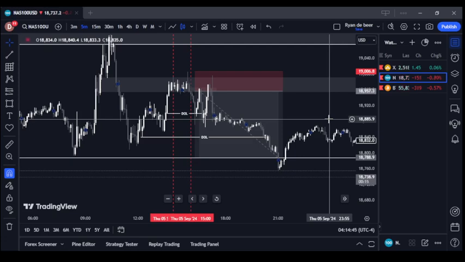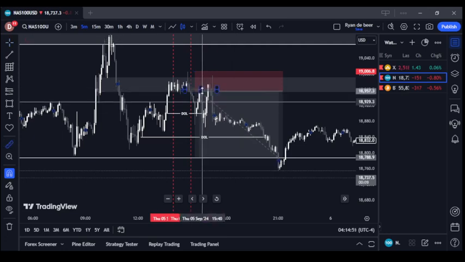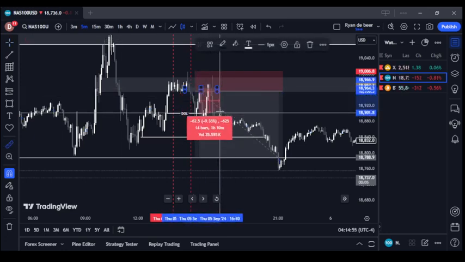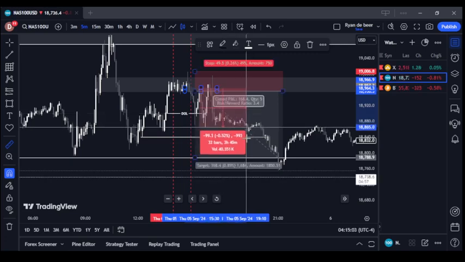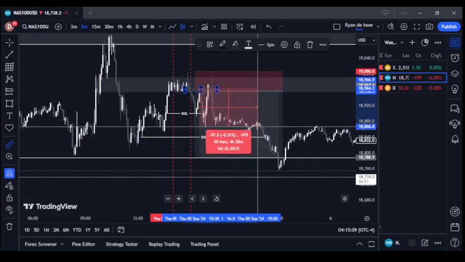Where I put my first take profit, because as you can see, it's quite frustrating. From the entry to my first take profit, it's about 62 points. And then from my entry to my second TP, it's about 100 and something points.